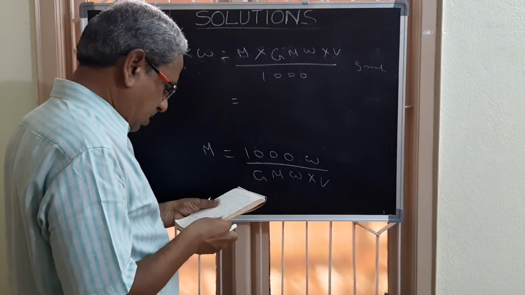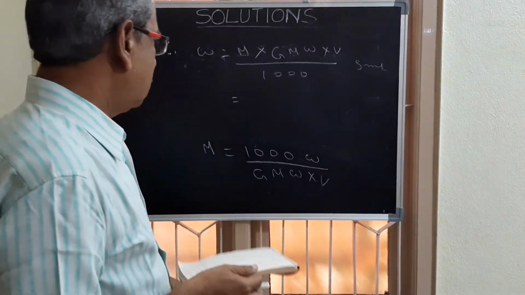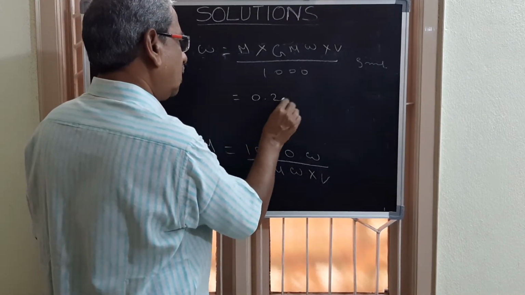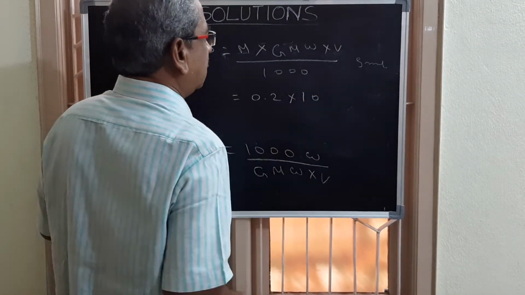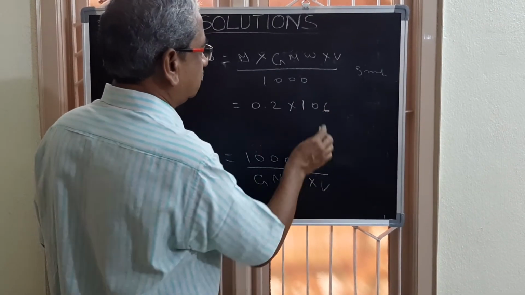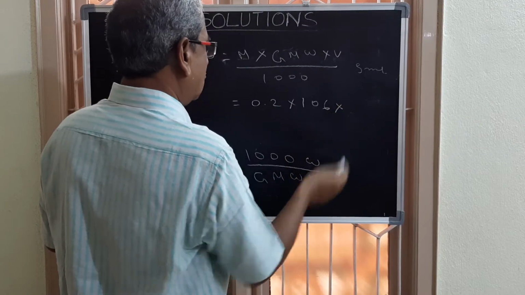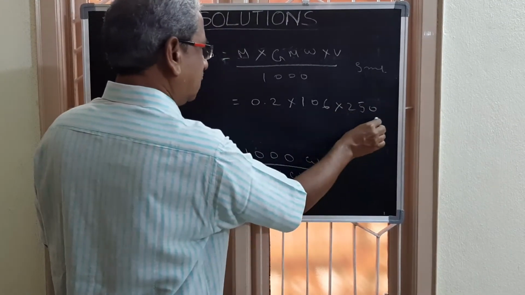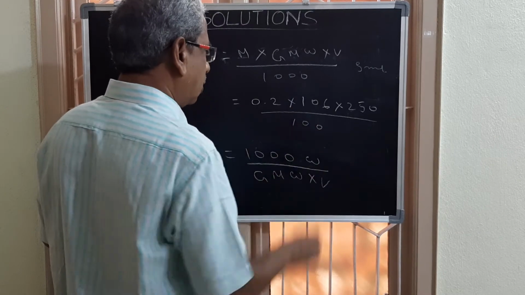Molarity is 0.2, gram molecular weight is 106 and volume is 250 by 1000.